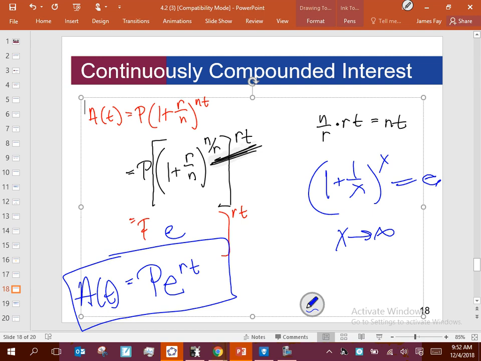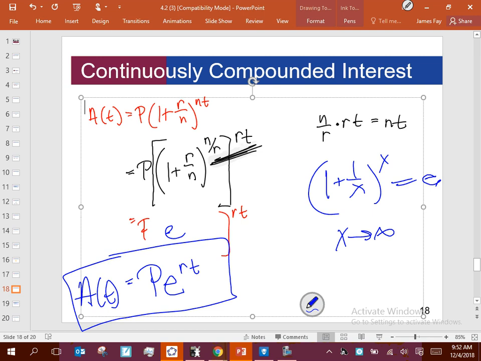That 1 plus r over n to the nt becomes essentially e, with the 1 plus r over n raised to the n over r idea turning into e, and then I still have my exponent of rt.